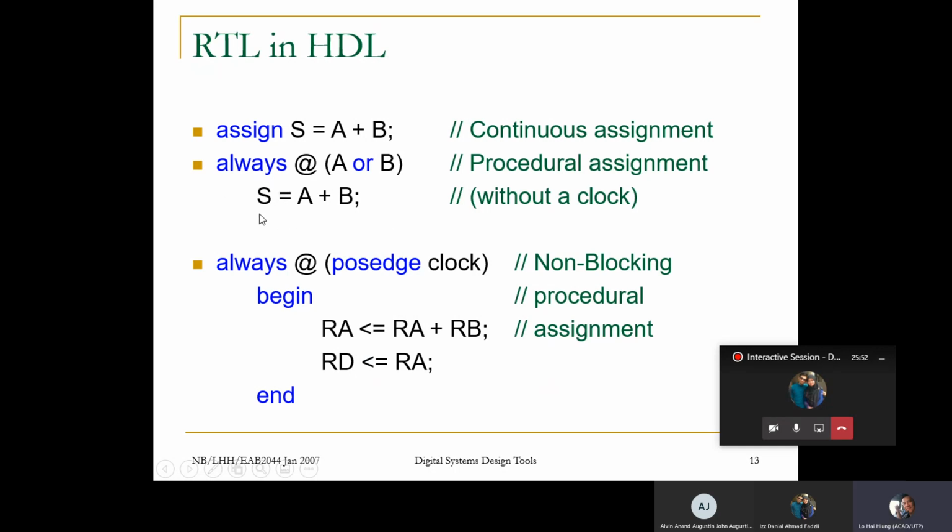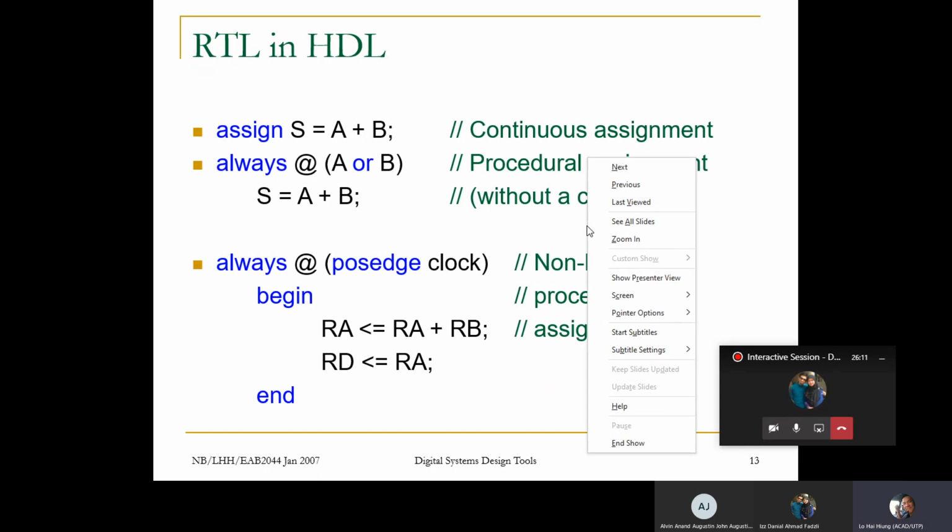All right, this is the Verilog syntax. In this case, this will actually translate into a combinational logic. The only way that anything can be translated into a flip-flop is if you have the posedge clock.